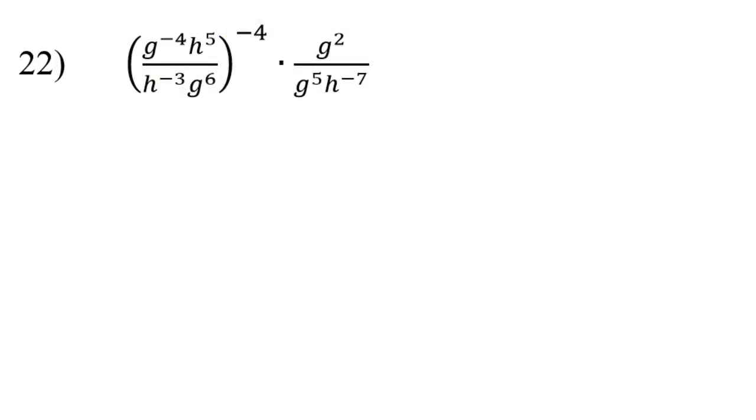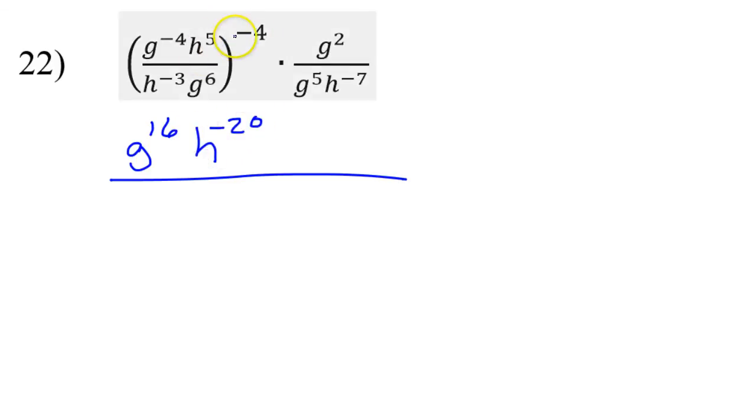First goal is to get rid of the parentheses that I see. So I'm going to do negative 4 power to everything in here. So I'm multiplying. So that's going to give me g to the positive 16 power, h to the negative 20 power, h to the positive 12 power, and g to the negative 24 power.